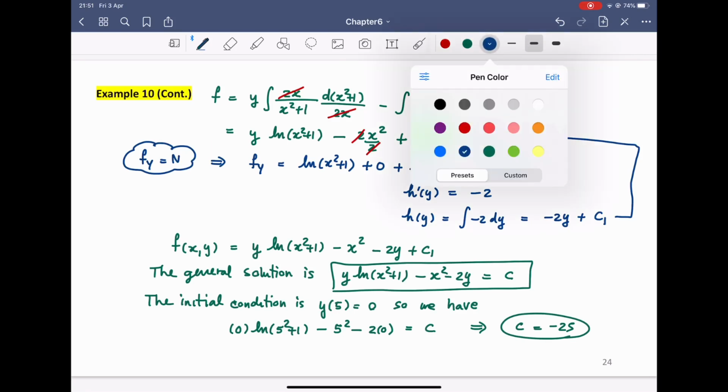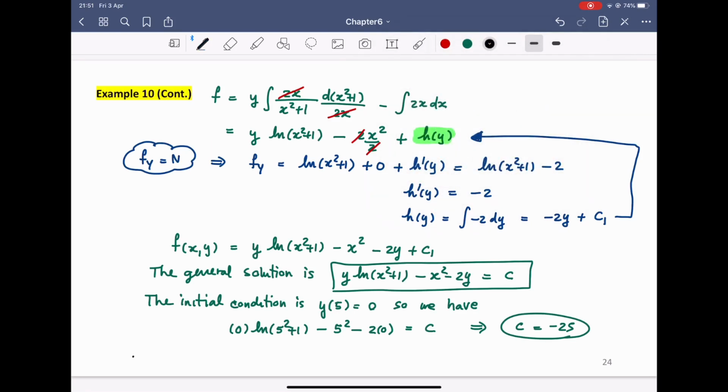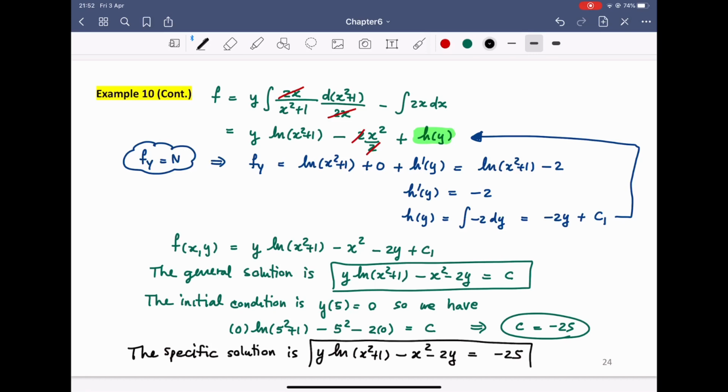Well, to sum up, the specific solution is y log(x squared plus 1) minus x squared minus 2y equal to negative 25, and that is the specific solution.